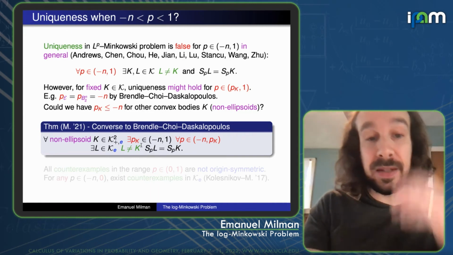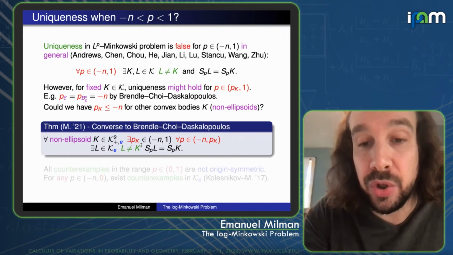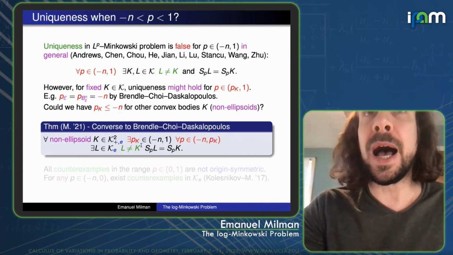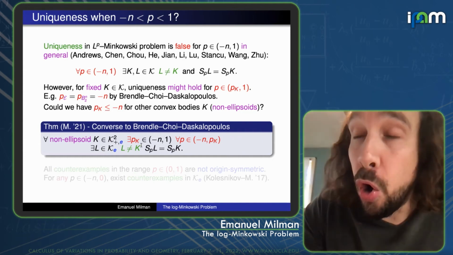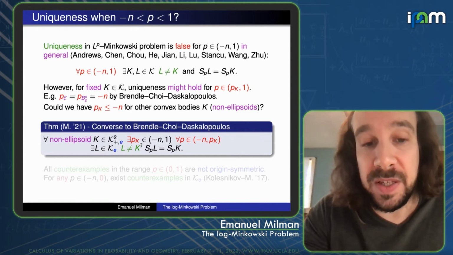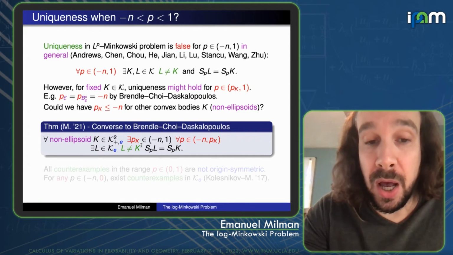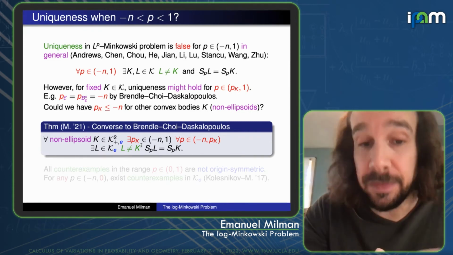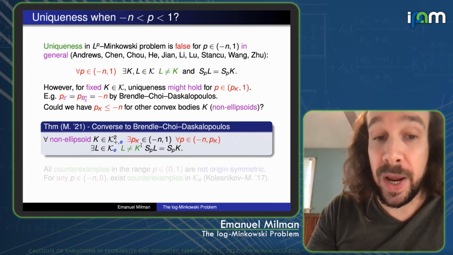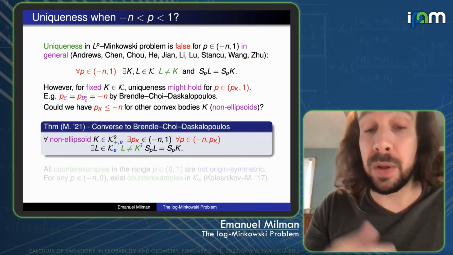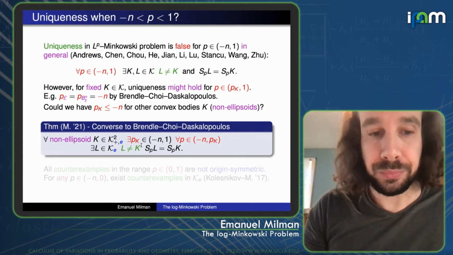Okay, so in this sense, this is a precise converse to the Brendle-Choi-Daskalopoulos theorem, and this characterizes ellipsoids. So ellipsoids are the only origin-symmetric convex bodies for which you have uniqueness in the even LP Minkowski problem all the way down to the critical exponent. For any body which is not an ellipsoid, this would not hold.